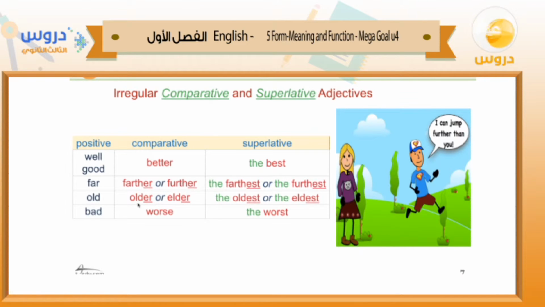So here we can say older or elder. What about the superlative? The oldest or the eldest. Bad, also for the quality here, we can say comparative, worse, this is irregular, and the superlative, the worst.